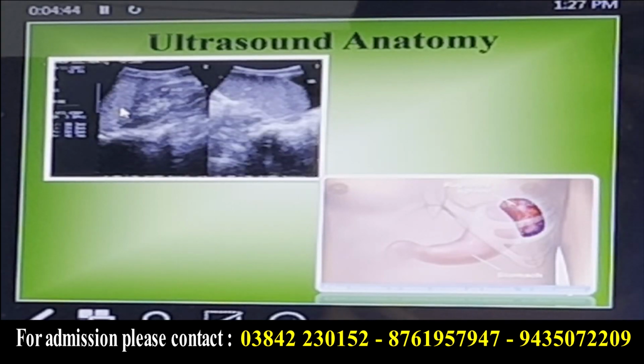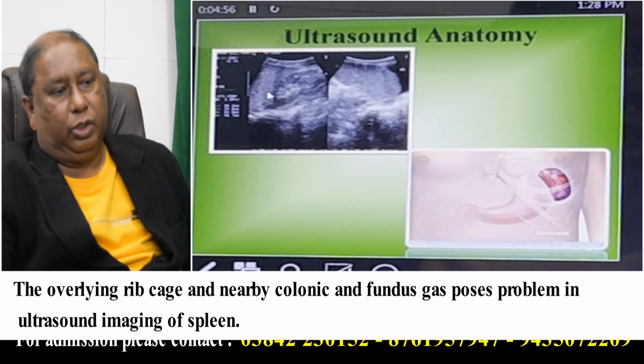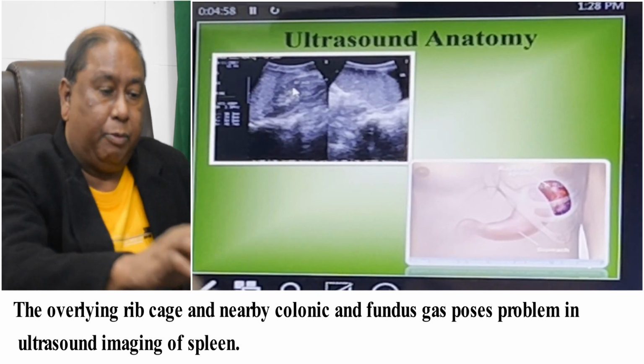And the overlying rib cage, colonic and fundus gas sometimes pose problems in visualizing spleen. So these are the problems you have to overcome. Now come to the scanning technique. How will we scan?